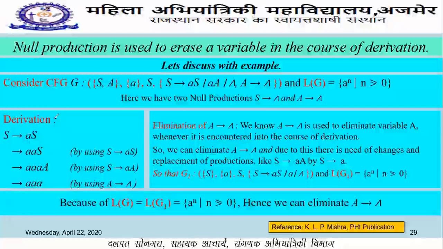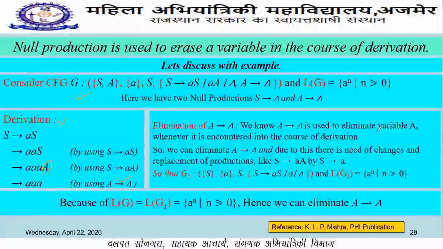If we see this derivation according to the grammar G, you can see this variable A is erased by using a null production. So in any context-free grammar, if null productions are available, then those null productions are only used to erase the variable in the course of derivation.